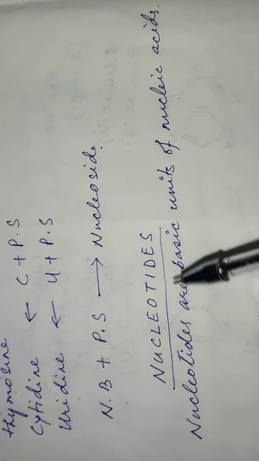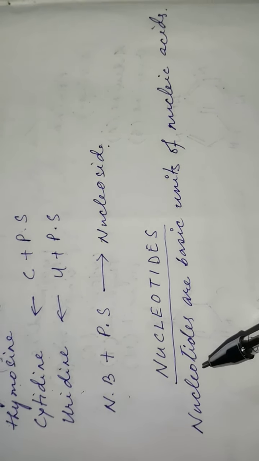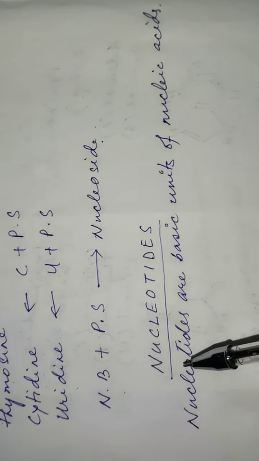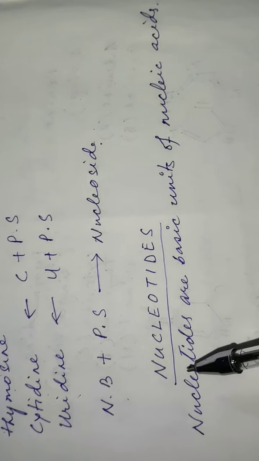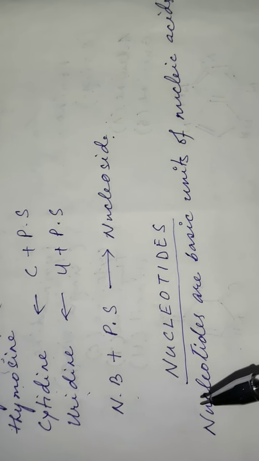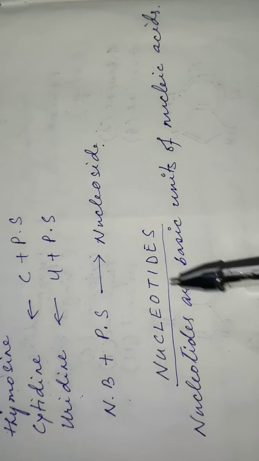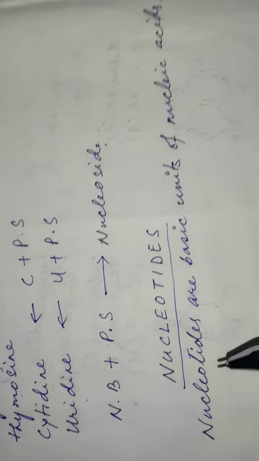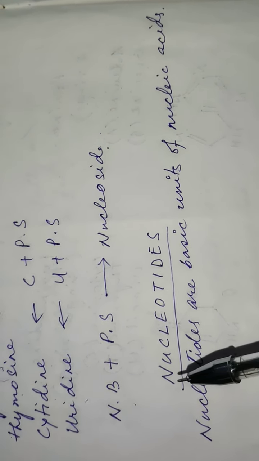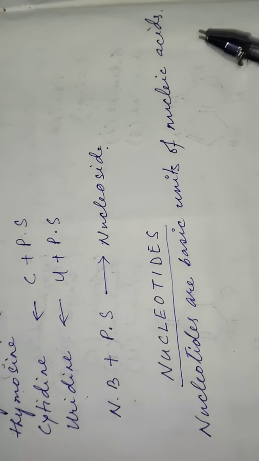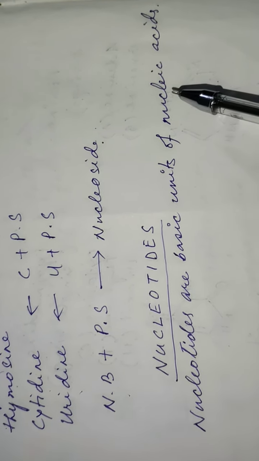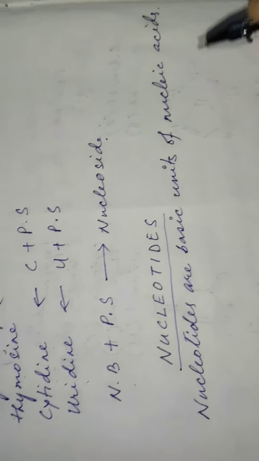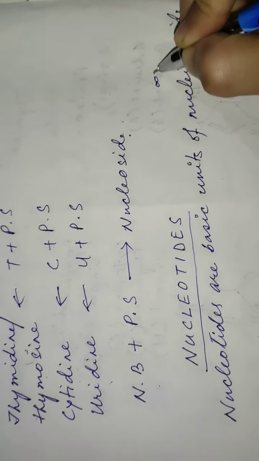Like we saw that the basic unit of proteins is amino acids, and of lipids are fatty acids and glycerol, here these are the basic units of nucleic acids, or we can say these are the monomers of nucleic acids.